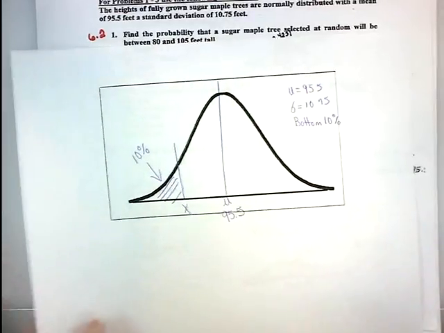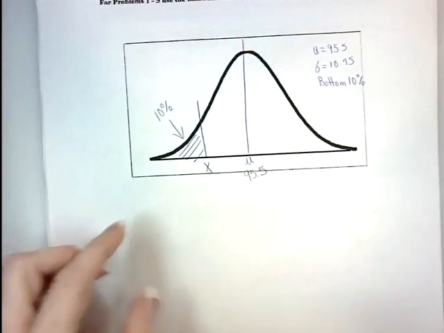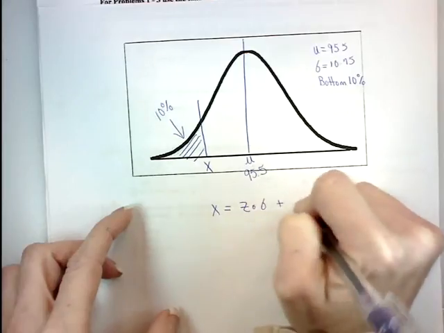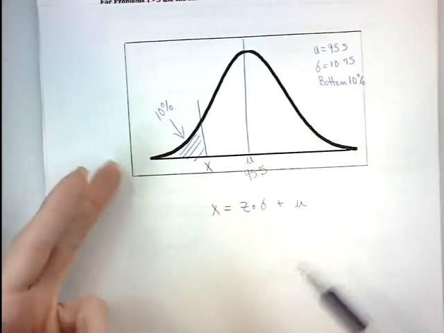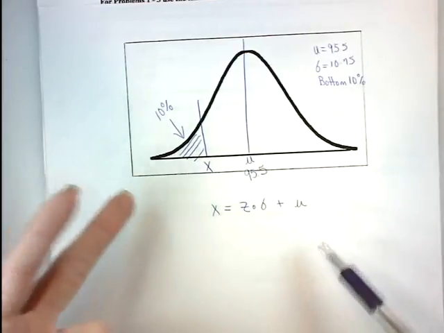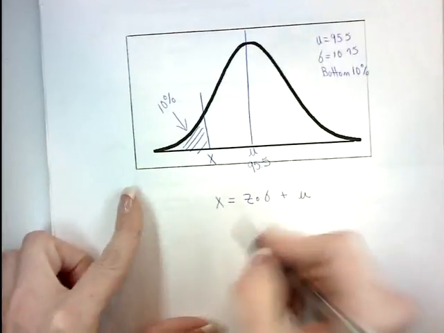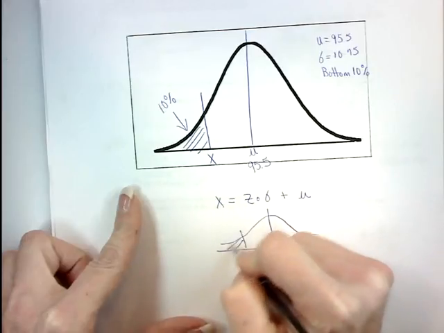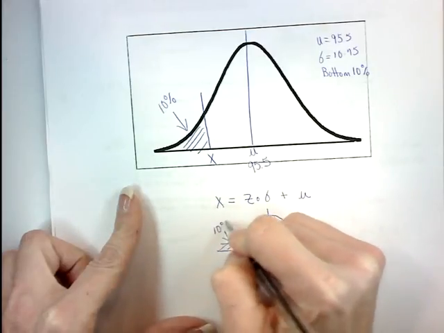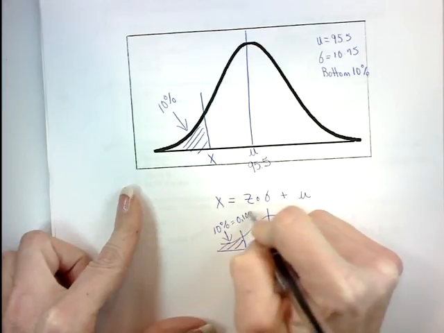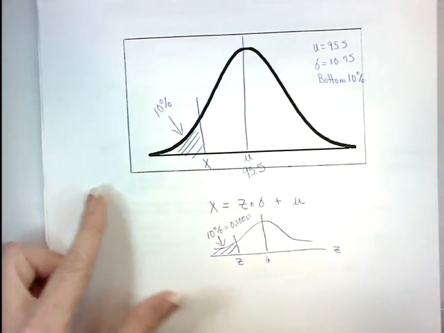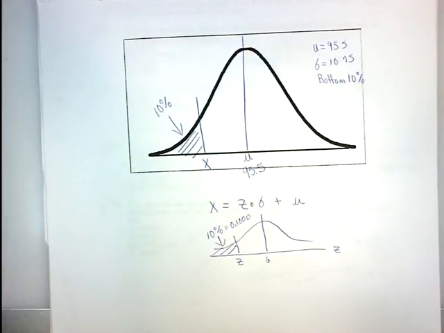To do this by hand, and this is section 6.2, we will need the cutoff formula, z times sigma plus mu. And so we need the z-score that signifies the bottom 10%. To do that, you would take the standard normal distribution and shade the bottom 10%, which is 0.1000. Obviously, that z-score is going to be negative, so we go into the table and try to find an area closest to 10% as possible.